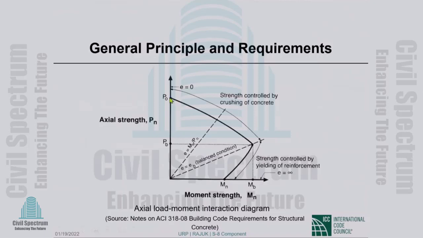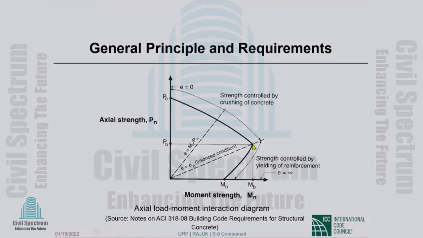So the load moment interaction diagram, this is the flexural strength M sub n. This axial load is typically denoted by P sub 0, that is the P sub n at 0 eccentricity, when there is, at least theoretically, no moment.